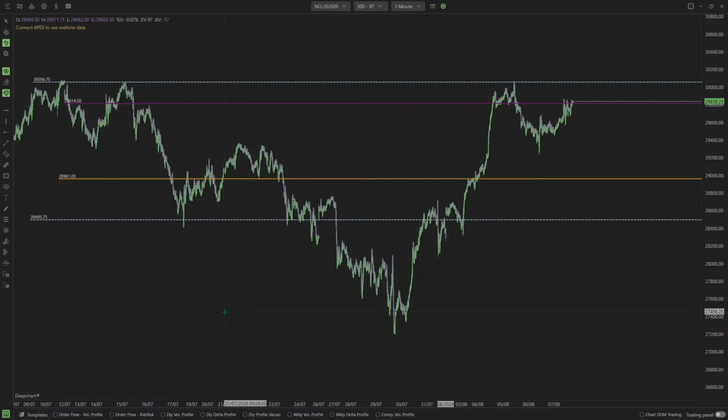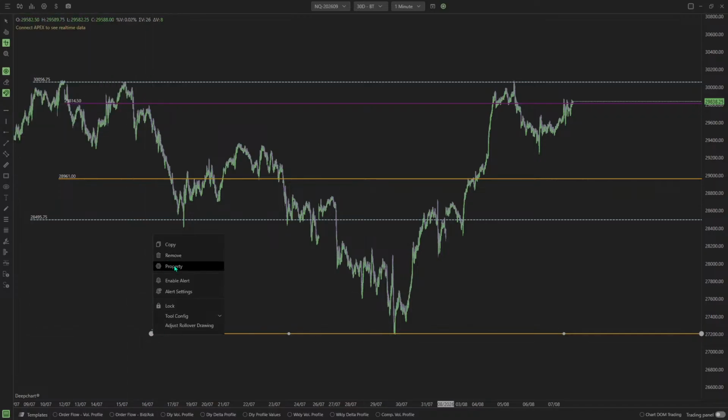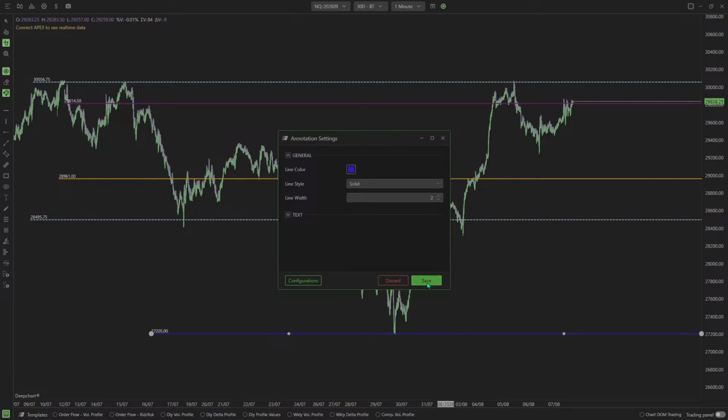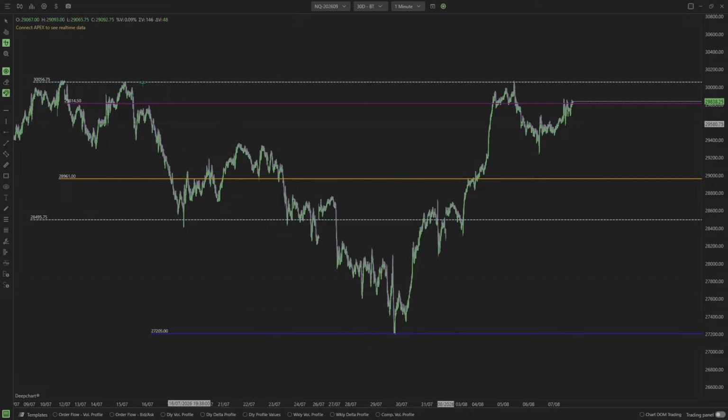So over the last 30 days, we're in a range. Came all the way down, created a low, make these blue, got the high up here. We got two levels here. We got the high and the value area high.